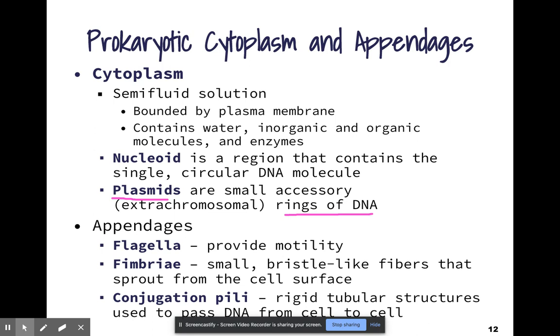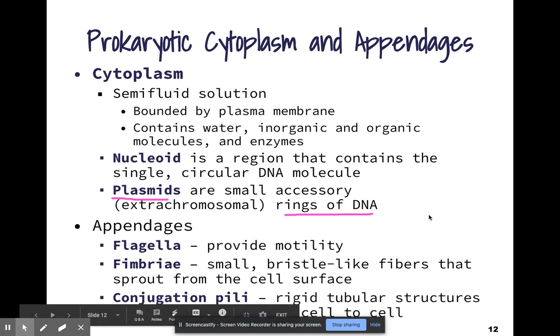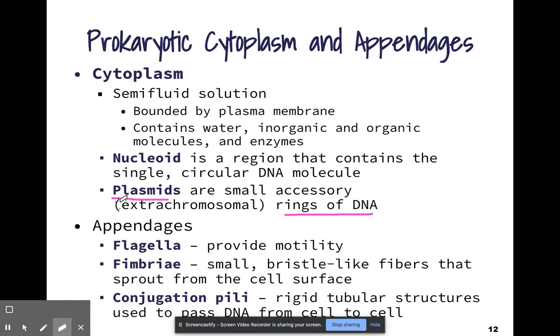And they have conjugation pili, a rigid tubular structure used to pass DNA from one cell to another. So it's basically the structure that allows prokaryotic cells to have sex, so to speak.